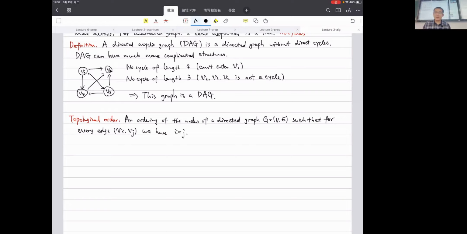This definition might sound a little bit artificial at the very beginning, but maybe we want to consider something, for instance, like a course prerequisite graph. This is very naturally a topological order graph because, of course, Vi must be taken before Vj.